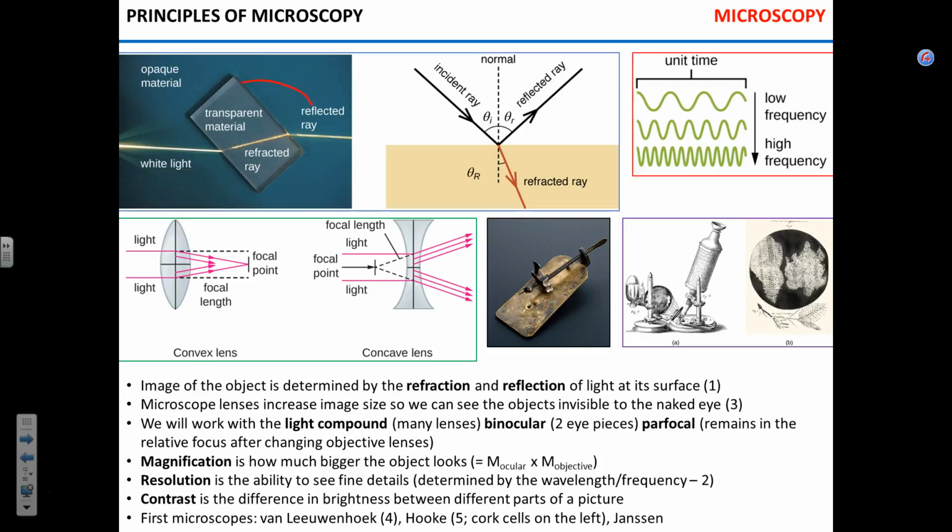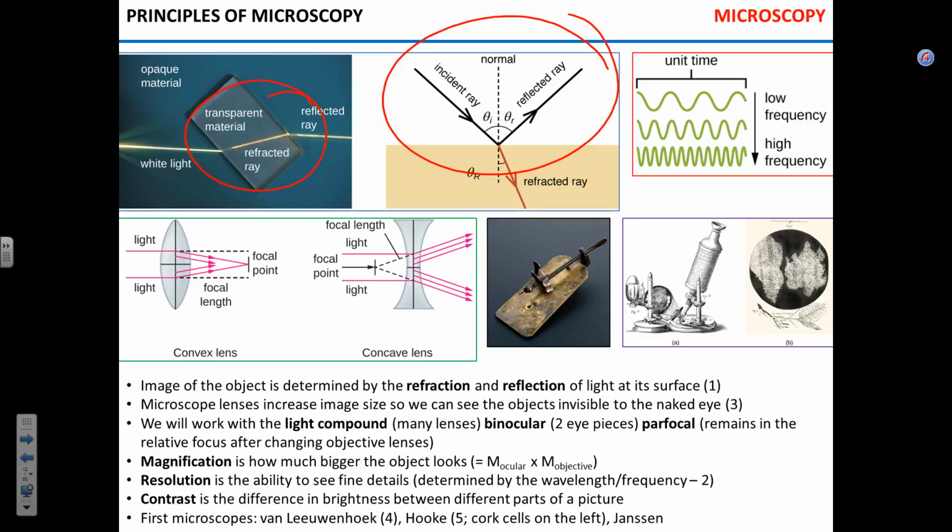So it changes the direction of the light rays, and because light obviously doesn't bend, in order to direct it, you also have to have some reflective surfaces. So it's refraction and reflection of light. And what lenses do, all of them in the whole system, they increase the size of the image. That's one purpose of lenses.